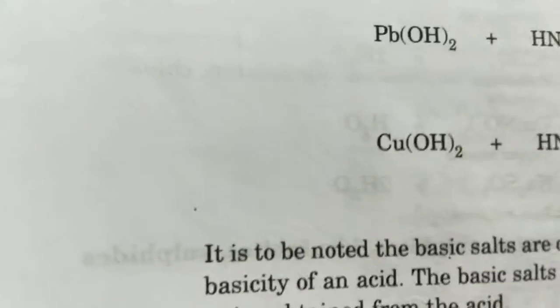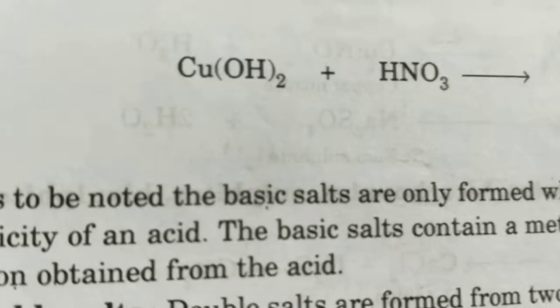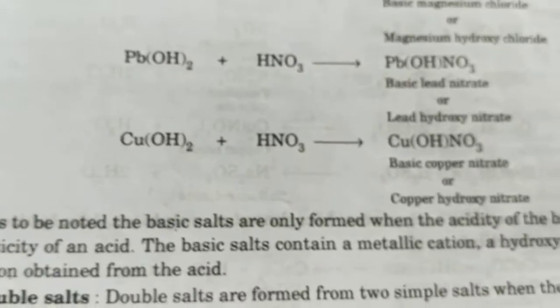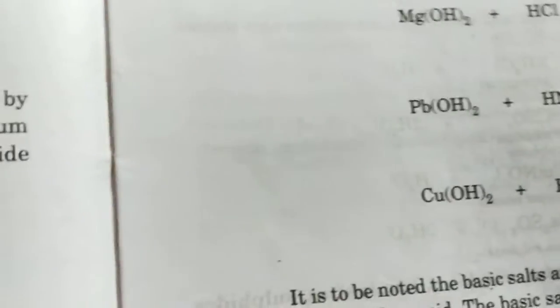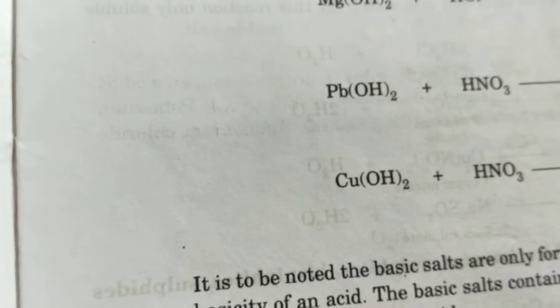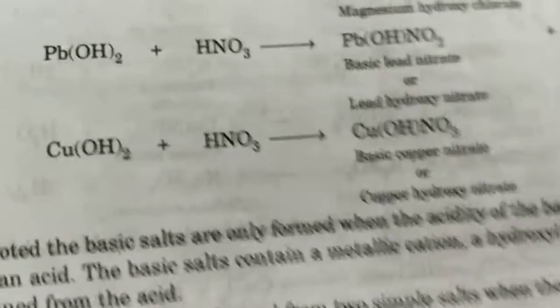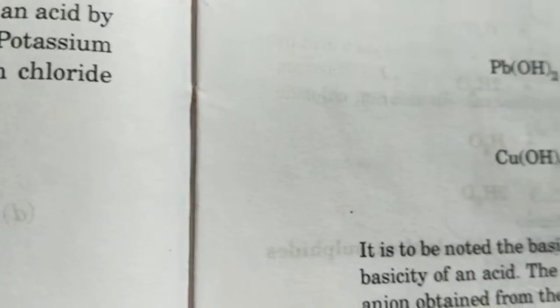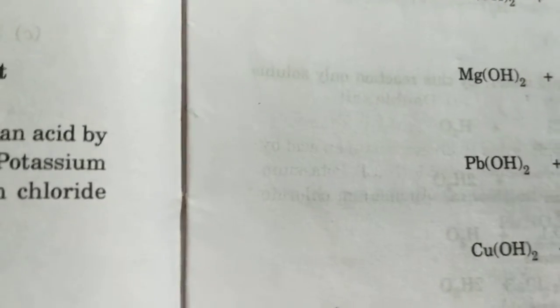It is to be noted that basic salts are only formed when the acidity of the base taken is more than the basicity of the acid. The basic salt contains a metallic cation, hydroxyl ion from the base, and an anion obtained from the acid.